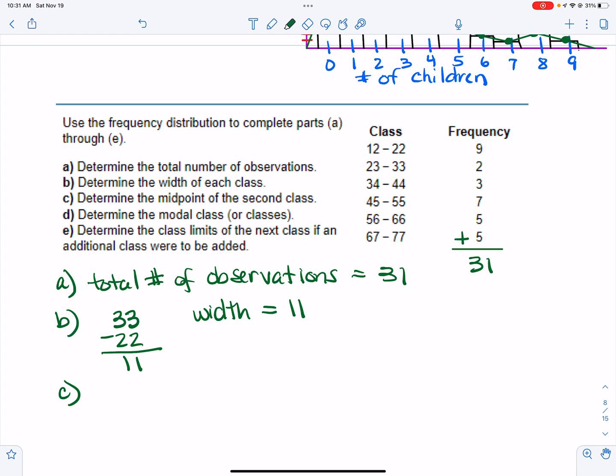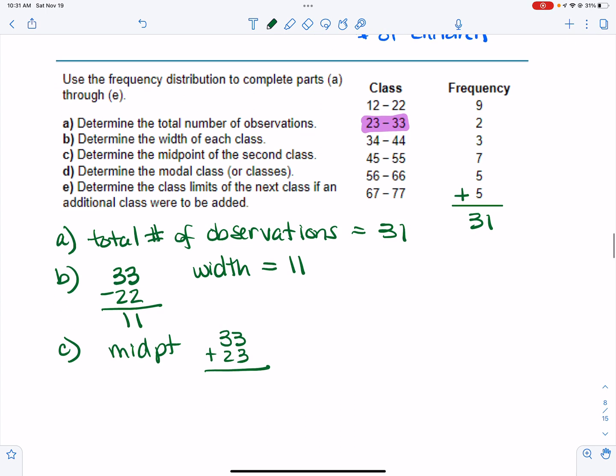Then it says, part C, determine the midpoint of the second class. So I'm going to highlight this right here as my second class. So the midpoint is 33 plus 23, which is 56, and then divide it by 2, which is 28.